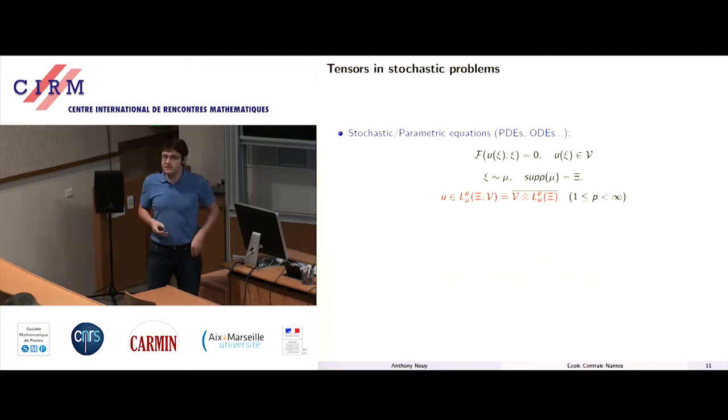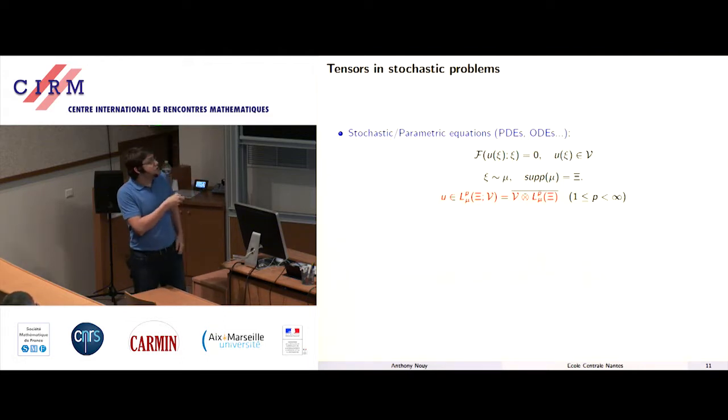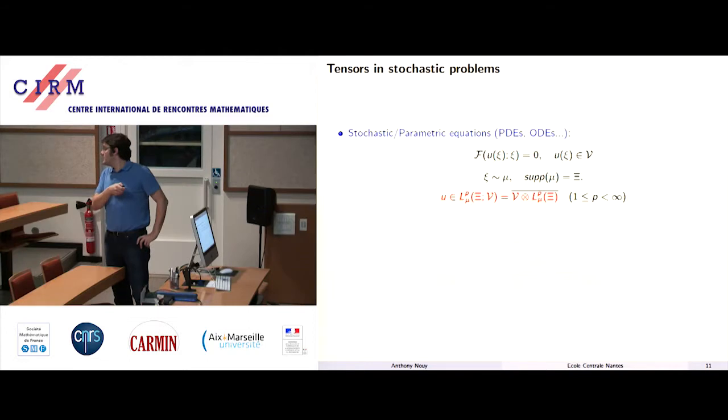And in fact, these tensor spaces appear in many contexts in stochastic analysis. First, the first problem I mentioned in the beginning of my talk was stochastic or parametric equations, where you have random parameters with a certain probability measure. Here the big C in the rest of my talk will denote the support of this measure of the parameters.